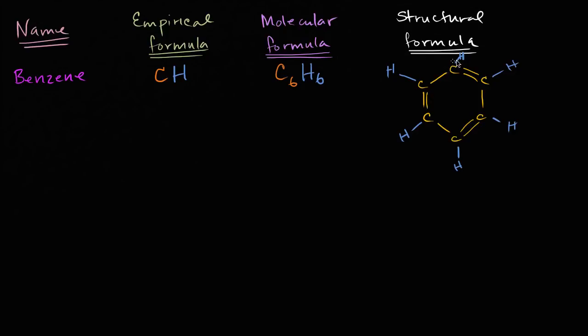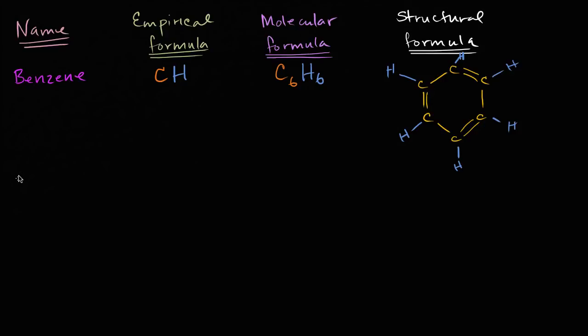So as you see, I'm just getting more and more information as I go from empirical to molecular to structural formula. Now, I want to make clear that empirical formulas and molecular formulas aren't always different, if the ratios also show the actual number of each of those elements that you have in the molecule. And a good example of that would be water.